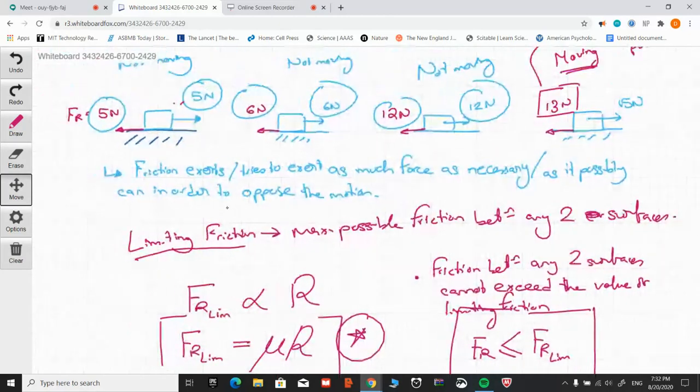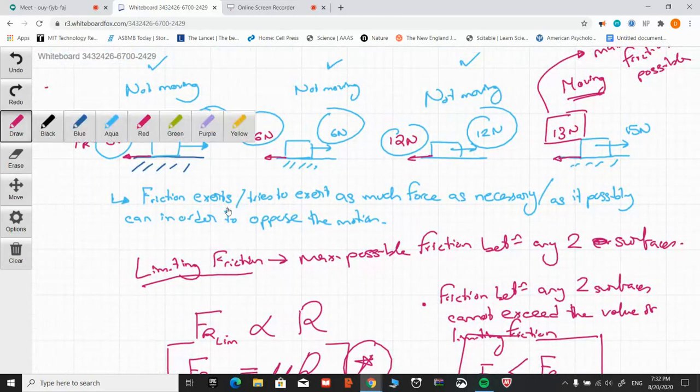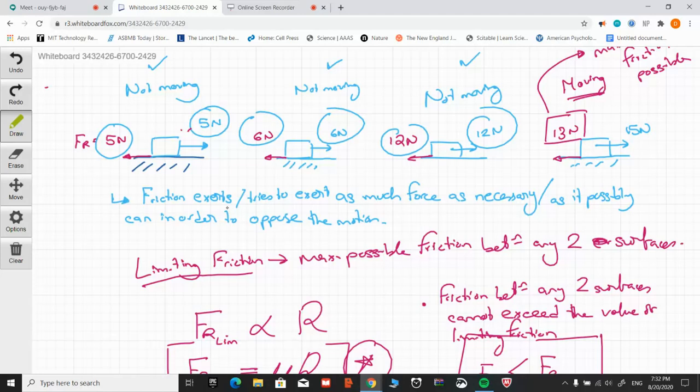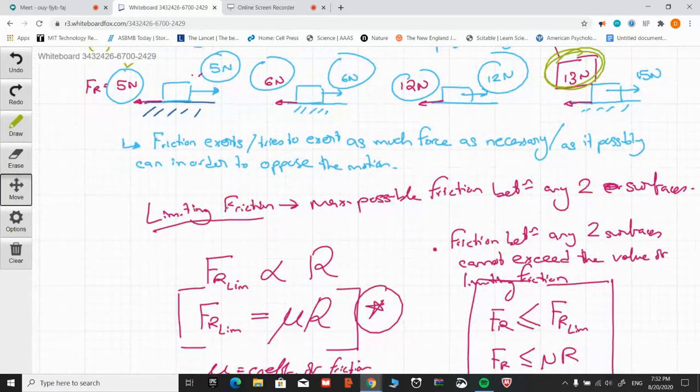What does this mean? Look at this example. I keep saying this is the same situation, just changing the value of the forces. The same surface, same block, and we said this is the limiting friction. Notice the value of the friction in stage number 1 was 5. It was definitely less than or equal to mu R, the limiting friction, 13.